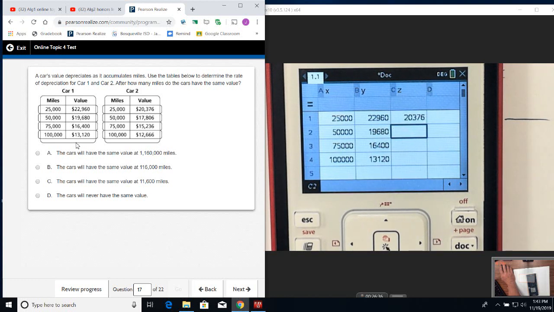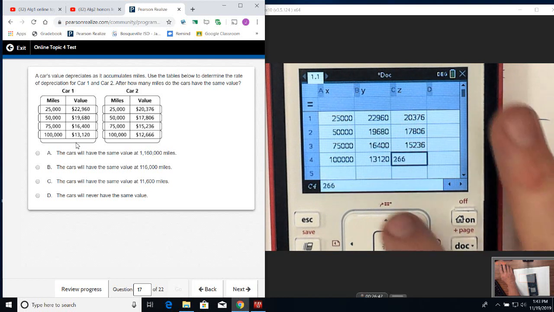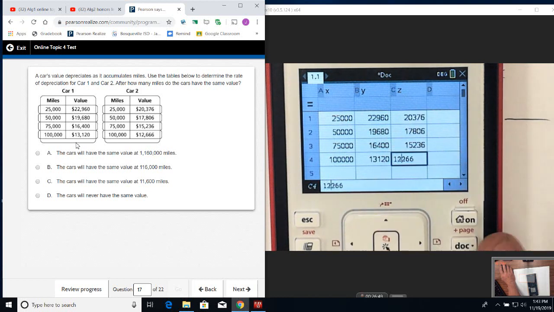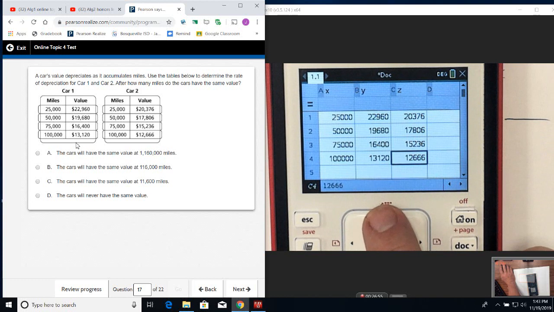Type that in. Then after 50,000 miles, it's worth $17,806. And then 15,236. And then 12,666. Okay. And there's the value of these cars.